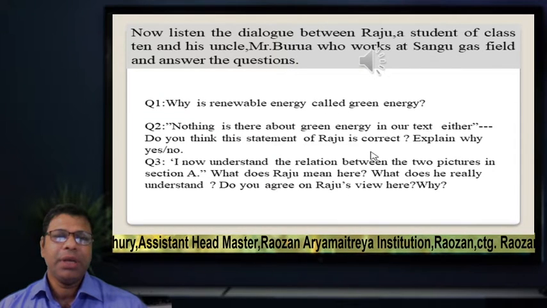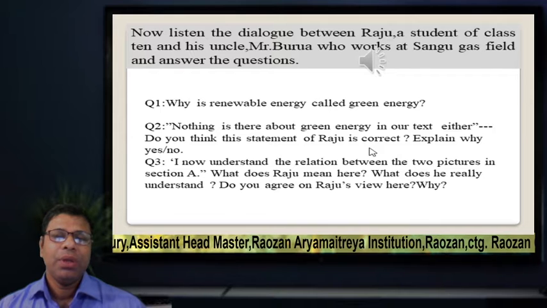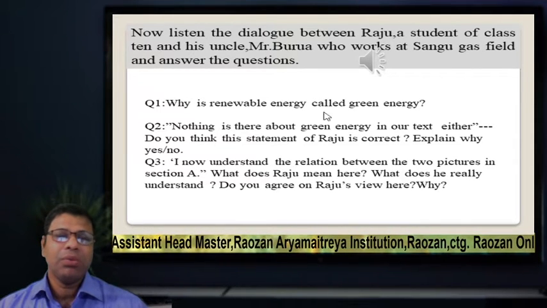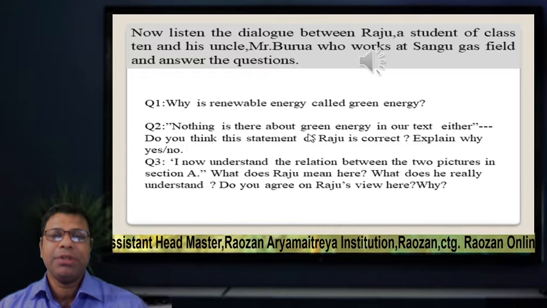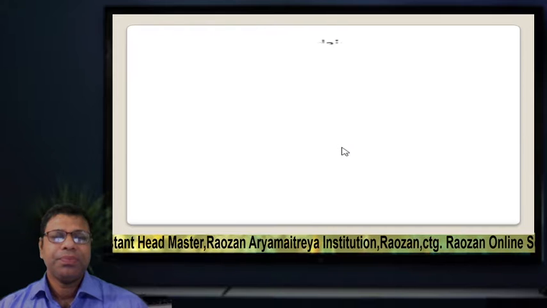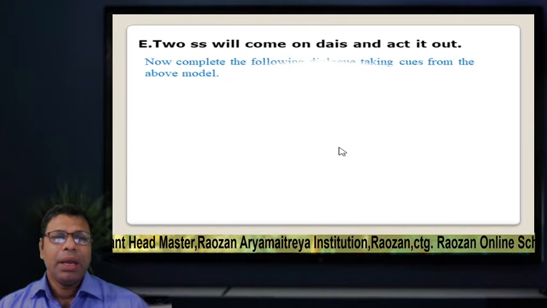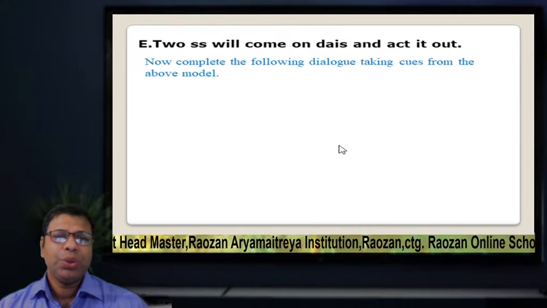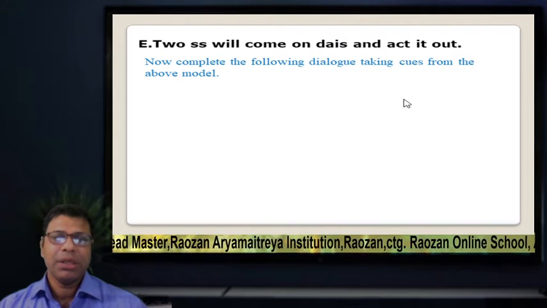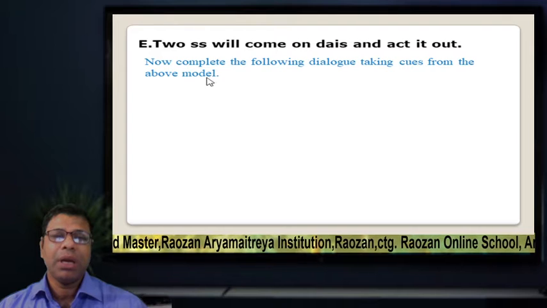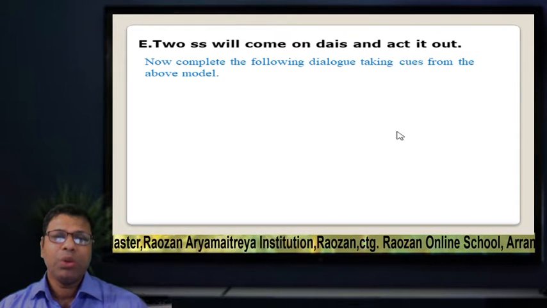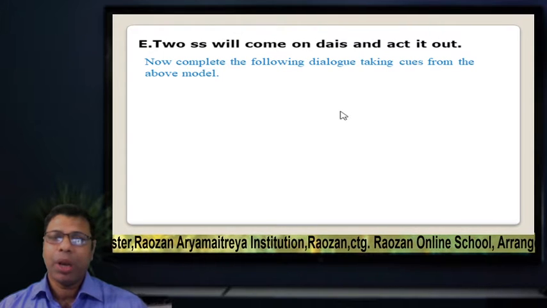Okay, dear students, now you have listened to the dialogue. Now try to make the answers for these three questions. I am moving on. So, two students will come on the dais and act it out. So, there is no real classroom. Now, complete the following dialogue taking clues from the above model.